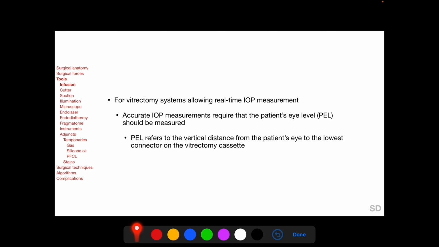Adjunct tools used during vitreoretinal surgery include tamponades and stains. Intraoperative tamponade can be provided with perfluorocarbon liquids, and post-operative tamponade is provided with gas or silicone oil.